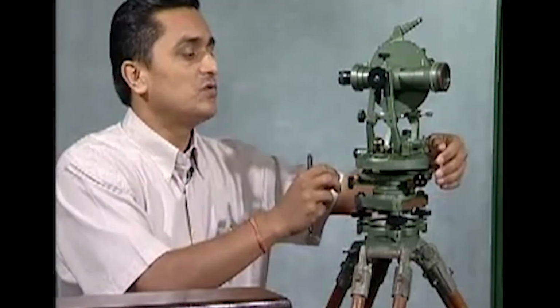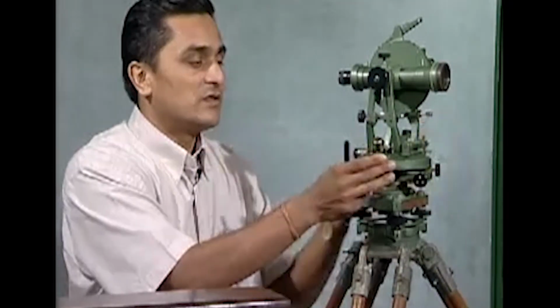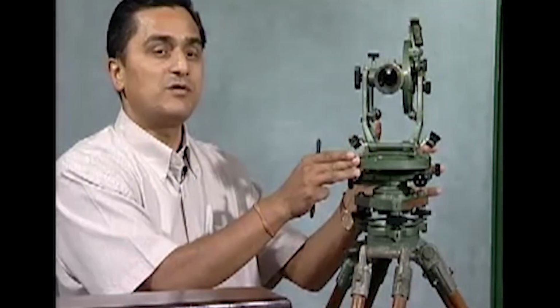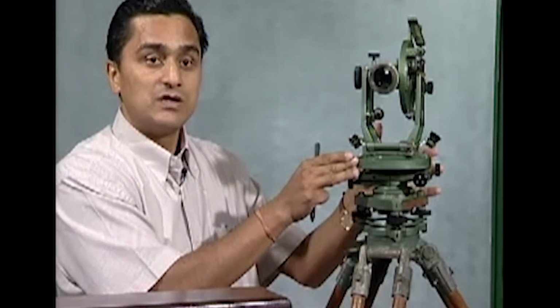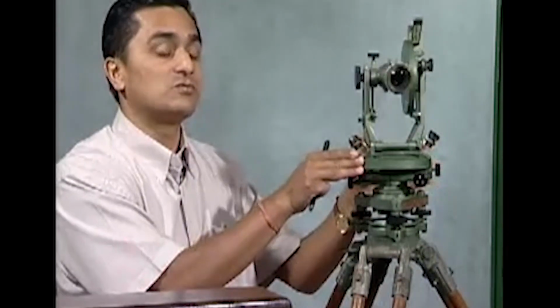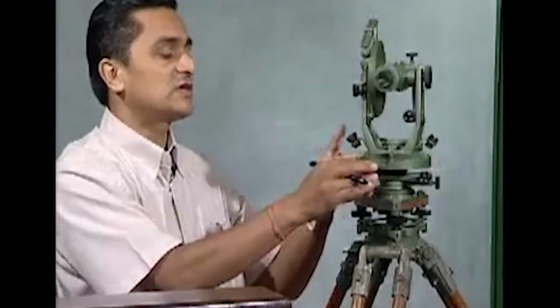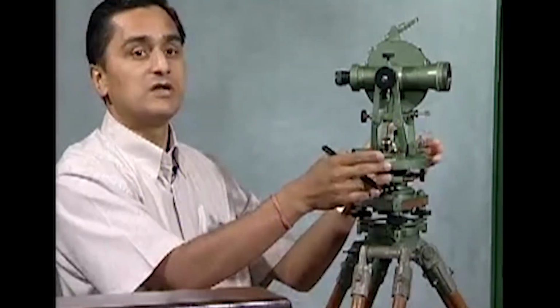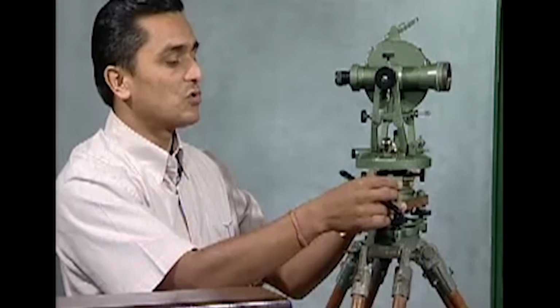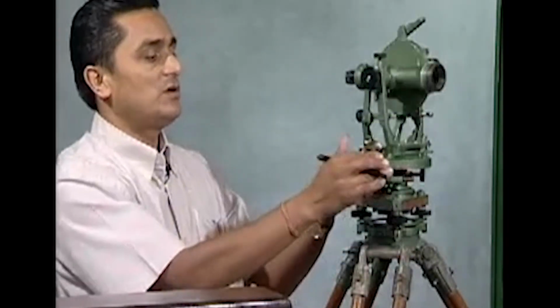Well, next what I do, I release the upper one, then I rotate the upper one, again bring it to C. Now when I am rotating it, the reading value is changing, and once I have bisected C accurately using clamp and the tangent, the reading in the instrument should be 2 theta. Similarly, if I keep doing it, release the lower one, bisect A, clamp it, the reading is still 2 theta, then I clamp the lower one, release the upper one, bisect C, the reading will become 3 theta.